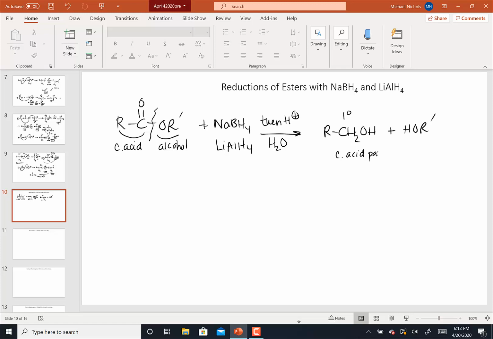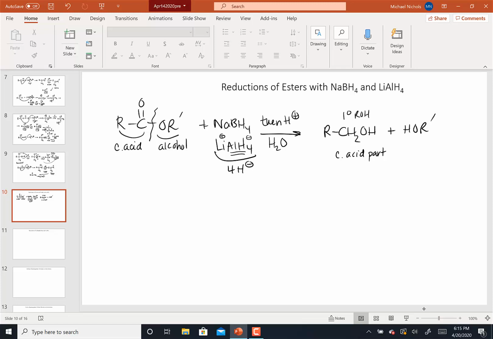So this is the carboxylic acid part. That's a primary alcohol. Okay. Sodium borohydride will do this reaction. Sometimes textbooks will say, no, you need to only use lithium aluminum hydride. I know that an ester will go with sodium borohydride, so that's not an issue.